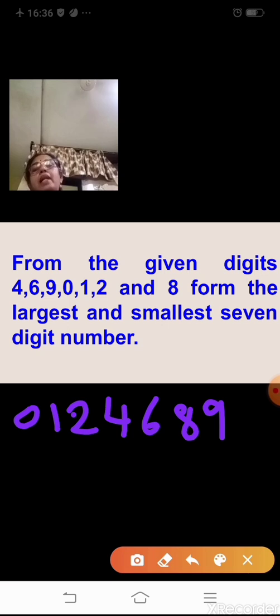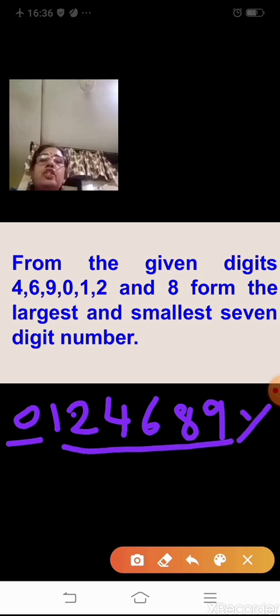Suppose I write this number by writing 0 at the first place. Students, tell me, have I formed a 7 digit number? No. When I write 0 at the first place, this is wrong. It does not form a smallest 7 digit number. It is only a 6 digit number.